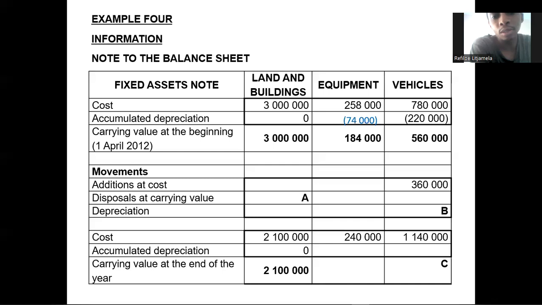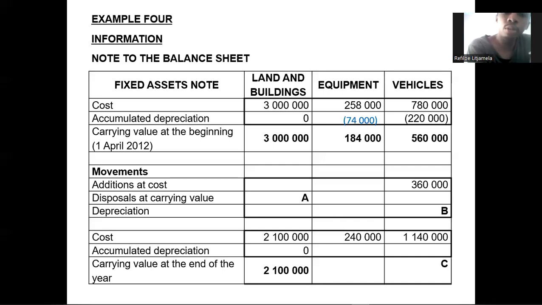When you compare the cost at the beginning of the year and the cost at the end of the year, you realize that equipment cost decreased from 258,000 to 240,000. So something happened during the year. It means that we actually sold equipment, or disposed of it.